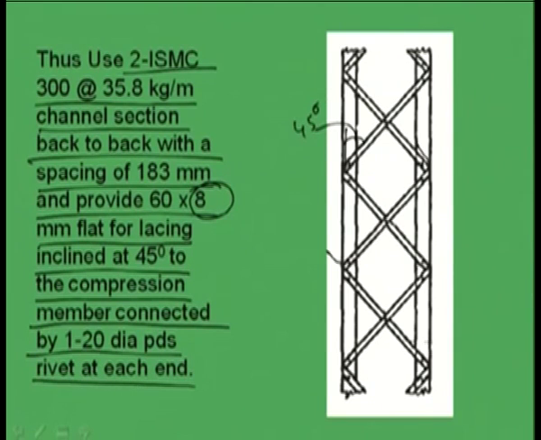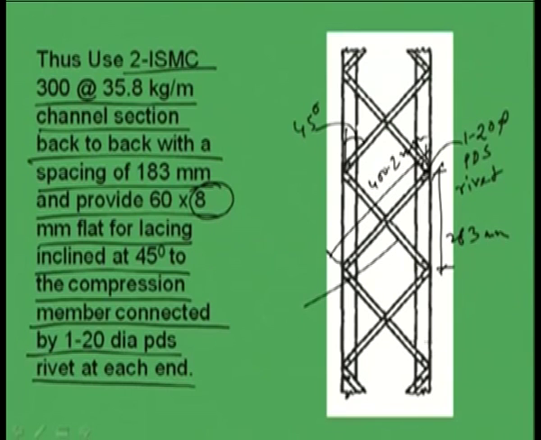If we give the dimensions, this is 45 degree, this will become 400.2 millimeter, and everywhere 1 25 PDS rivet will be required, and then this is coming 283 millimeter and the size will be 60 by 8 mm plate, and this will be ISMC 300, right.